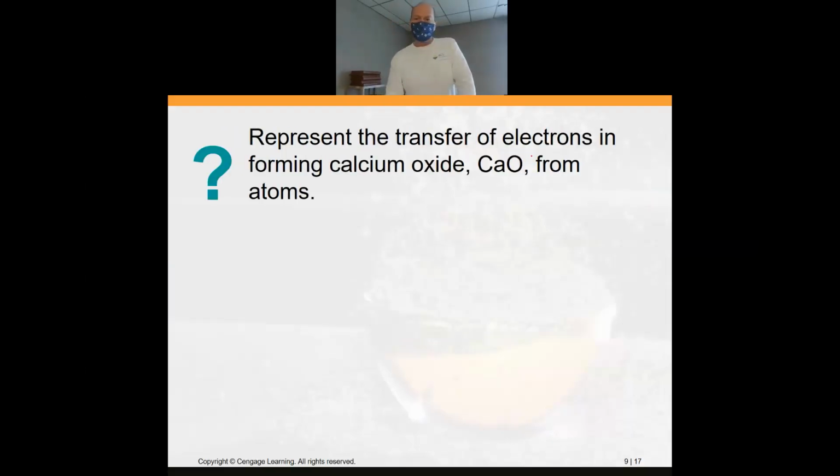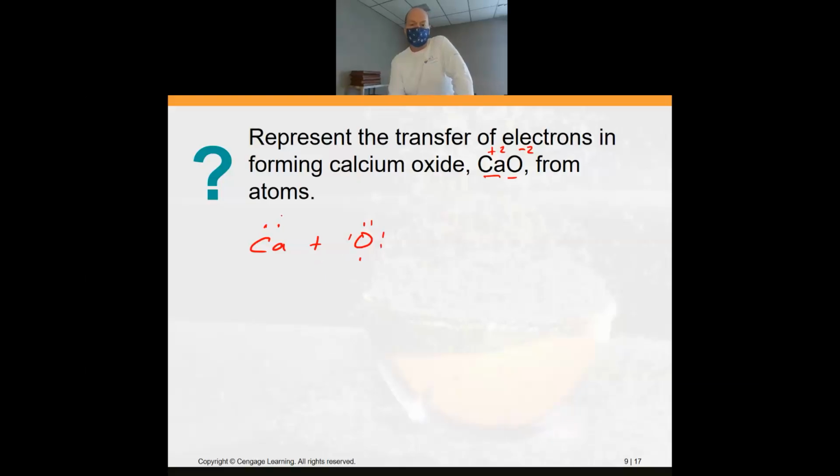All right, so if we have calcium oxide, so calcium is in the +2 column. Oxygen is in the -2 column. What does that mean? That means when we take our calcium, and it has 2 dots because it's in group 2, it's going to react with oxygen, and that is in group 6, that has 6 electrons.